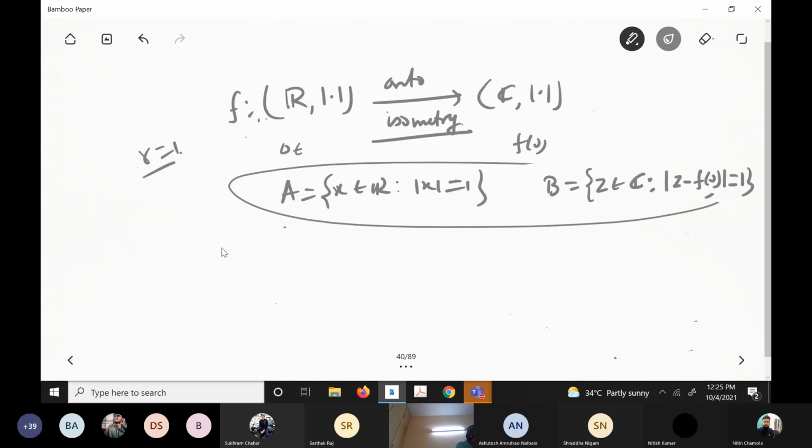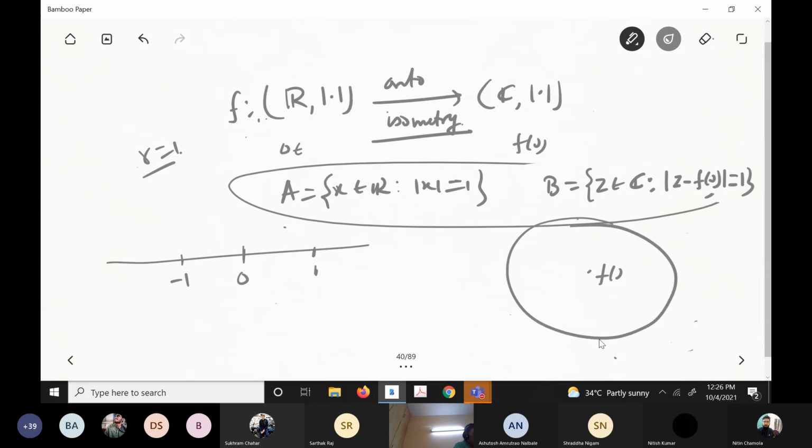So in R, about 0, this will be only the points -1 and 1, 2 points you get. Whereas here it will be a circle, if your center is F of 0, then you will get all these points.